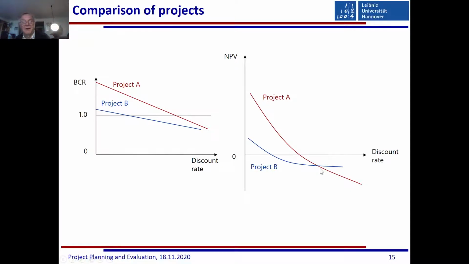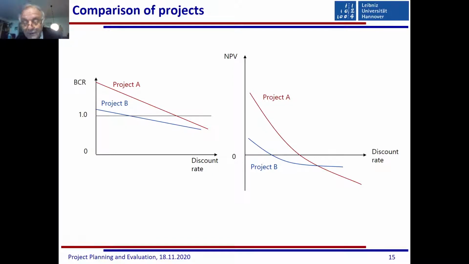And if I do that on the NPV side, and this is purely hypothetical, so this is not identical with this one, yeah? It's a different one. It's purely hypothetical, but it's just curvilinear and wouldn't really matter. Here we have the NPV, and we have the same story again. Project A has a high NPV, but it goes down very quickly, and the NPV for project B is lower.